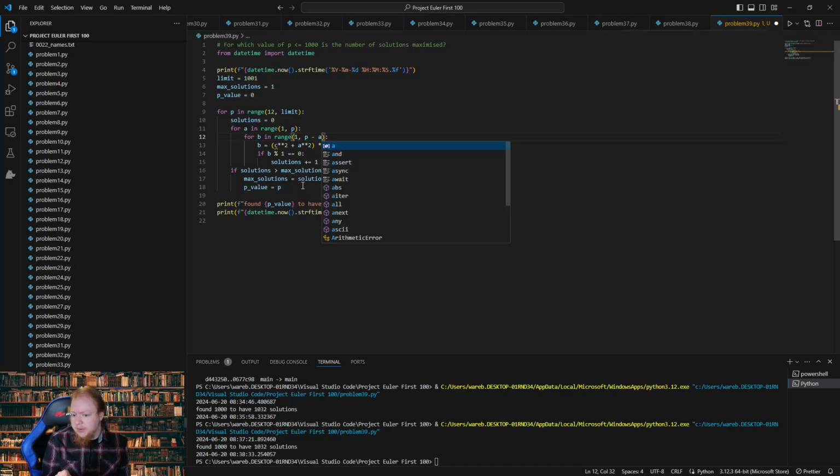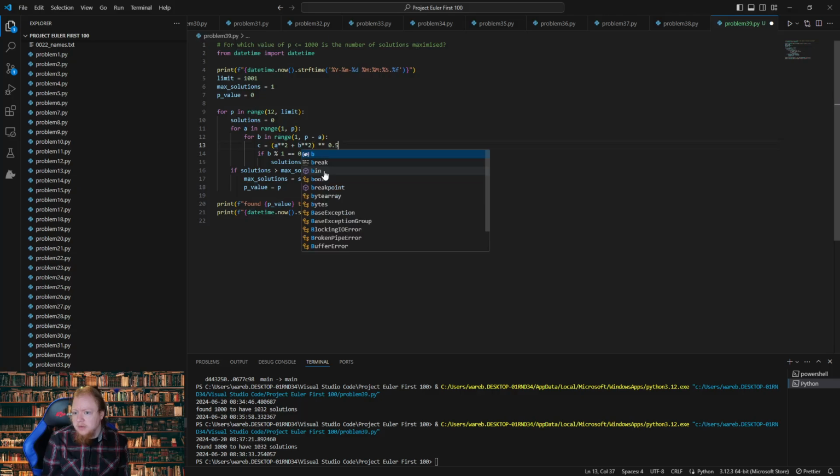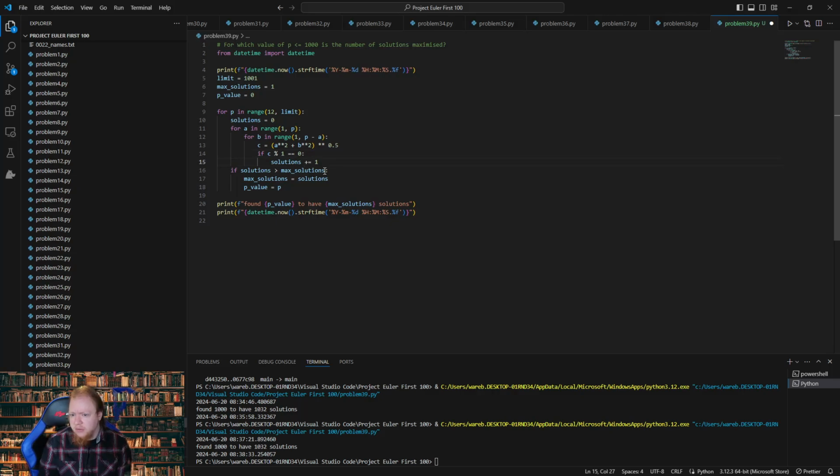Okay, we did come up with the same answer and it took about the same amount of time, so that didn't quite work. A squared plus B squared, square root of A squared plus B squared. So then if C mod 1 is 0, then we add to the solutions.